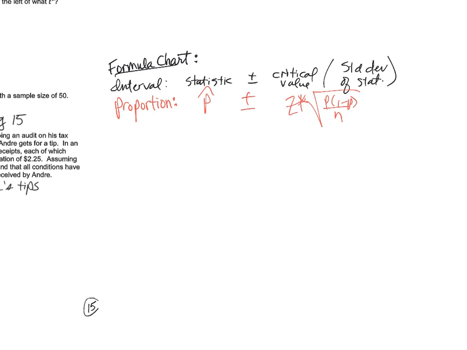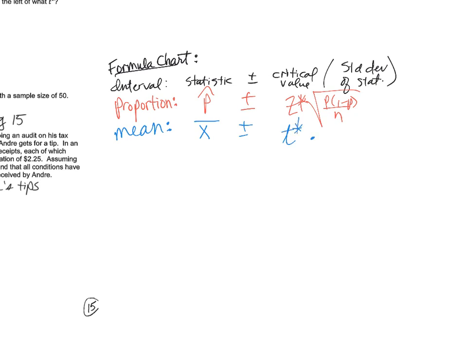So the mean statistic, what is the sample mean? What letter is that? That's our x bar. Very good. So our formula for the interval for means is x bar plus or minus, and it's not a z star anymore. It's a t star. Very good.